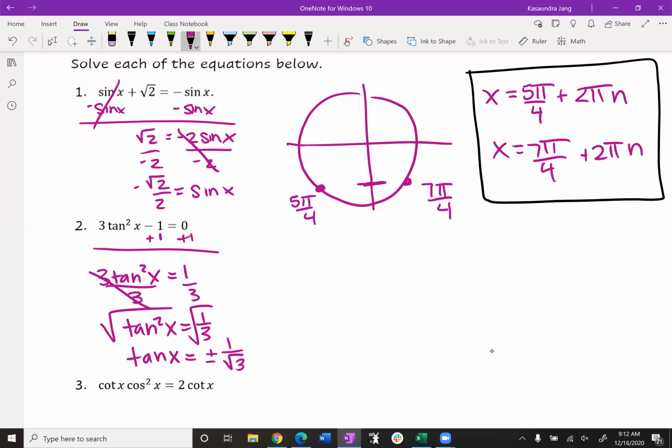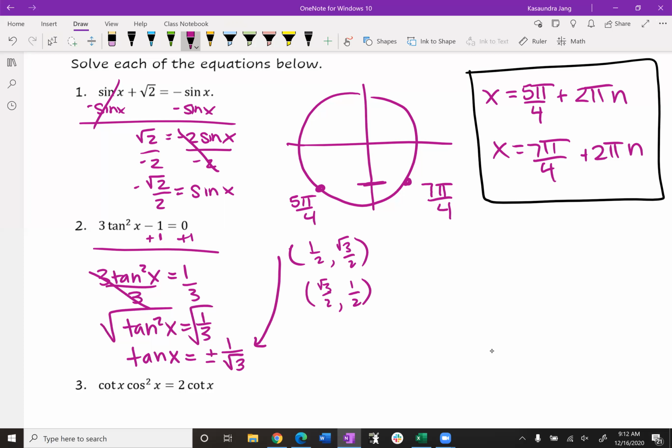We did have to memorize our unit circle. I'm thinking, since tangent is sine over cosine, I think this comes from the point, when, let's see, should it be a 1/2 and then a root 3 over 2, or should it be a root 3 over 2 and then 1/2?